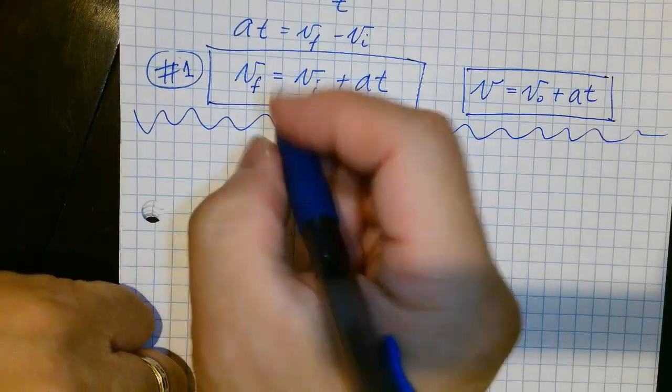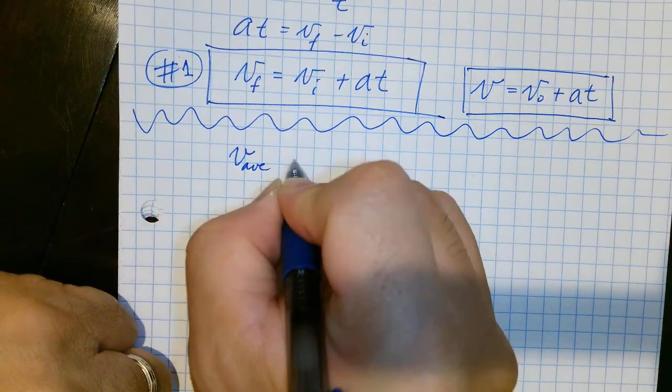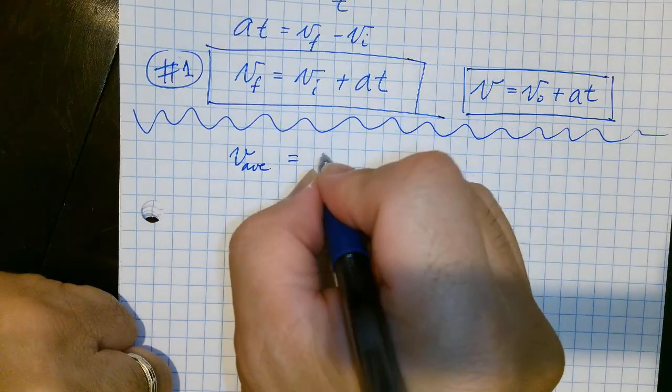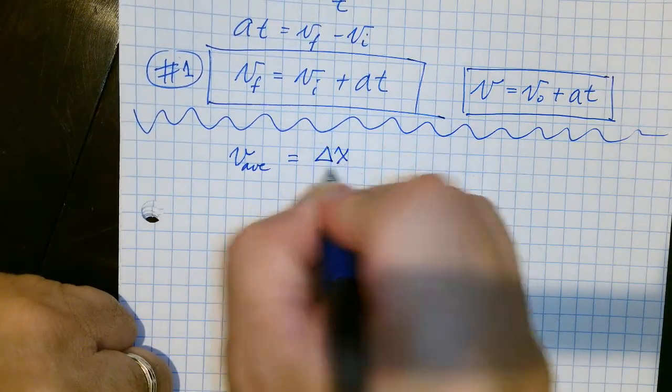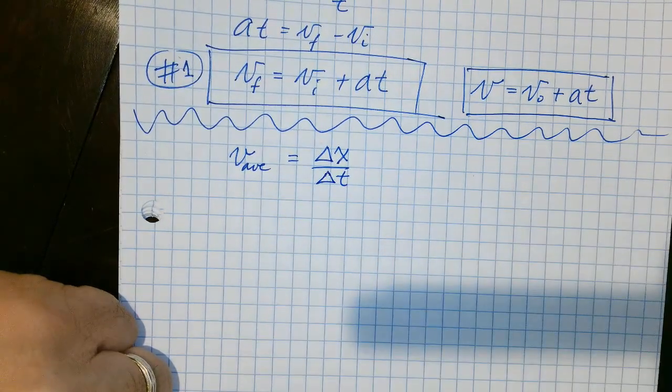Now I'm going to talk about the average velocity. Well, average velocity, we defined it as change in position over change in time.